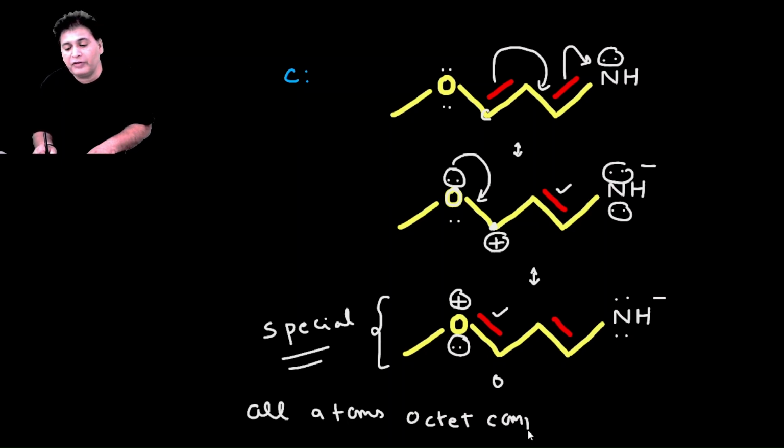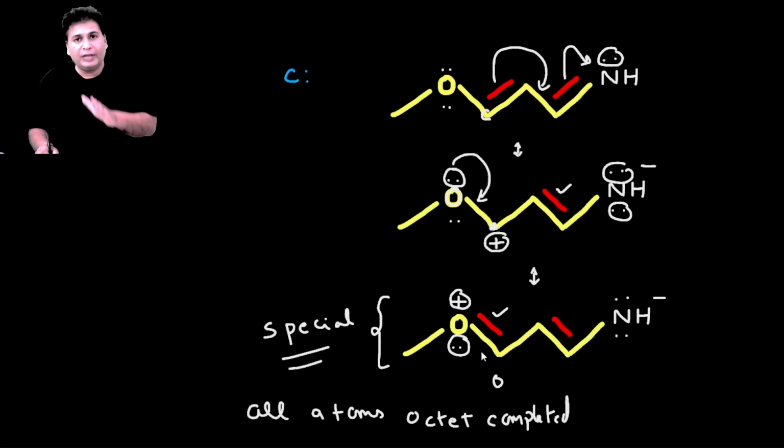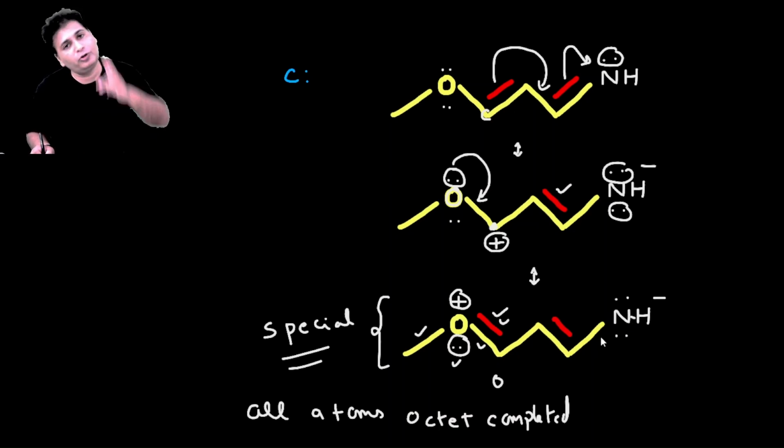Now this is a very important feature you have got. Now you can see the oxygen, how many electrons? 2 electrons from here, 2 from lone pair, 4, to 6 and to 8. Similarly nitrogen also 2 to 4 to 6, and one nitrogen hydrogen bond, 2 electrons from there, 8. All atoms if you count will give you 8 electrons in that sense.